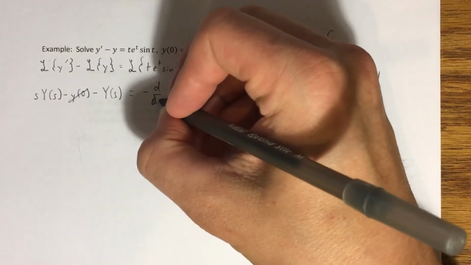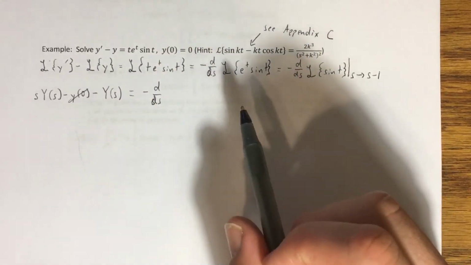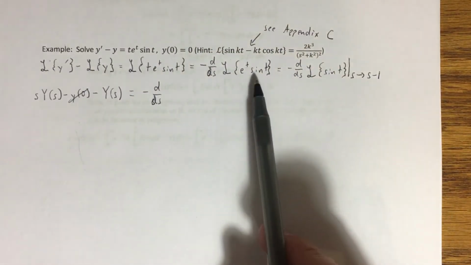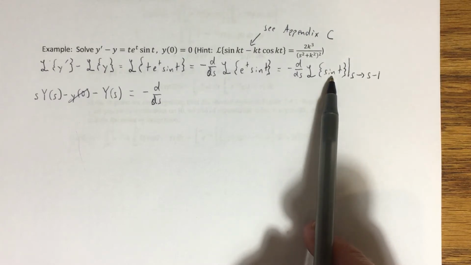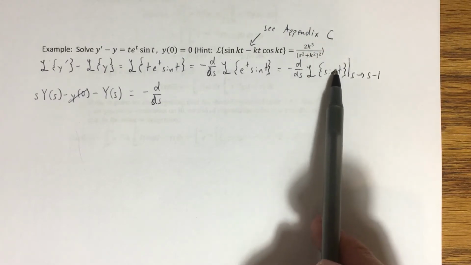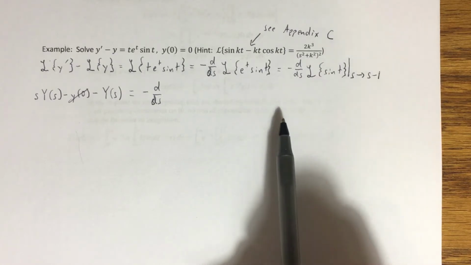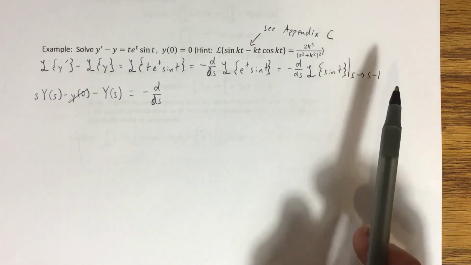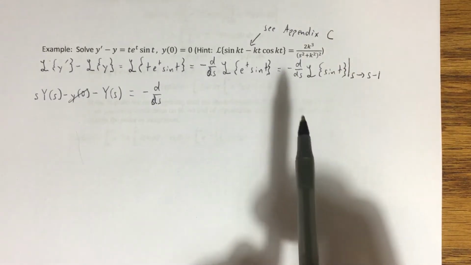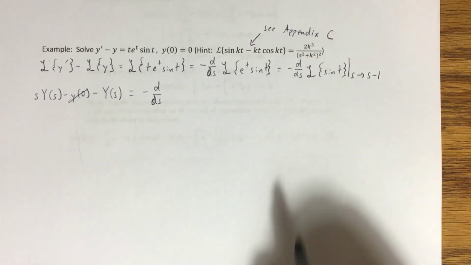Negative d ds. So the Laplace transform of this guy would normally look like k over s squared plus k squared, where in this case k is 1, so 1 over s squared plus 1, except we're substituting an s minus 1 in for that s.